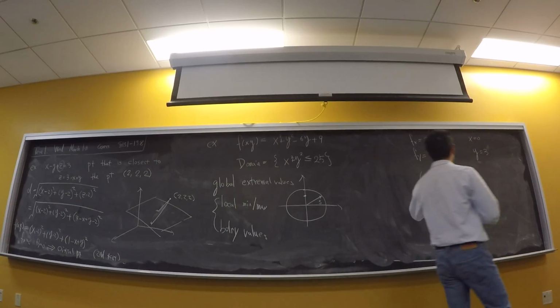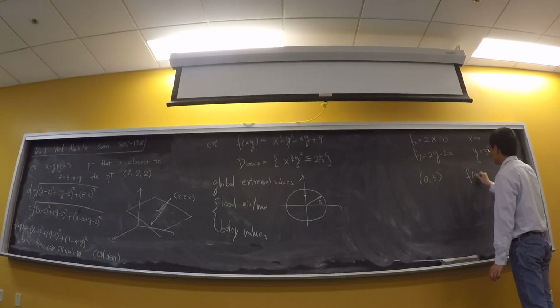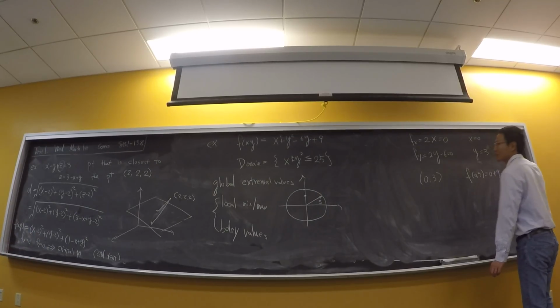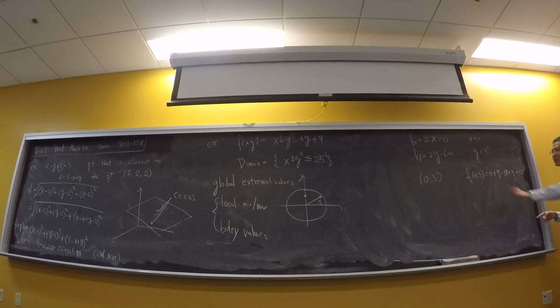So the function value at this point is f(0, 3) is equal to 0 plus 9 minus 18 plus 9, which is equal to 0. So this is the function value at its critical point.